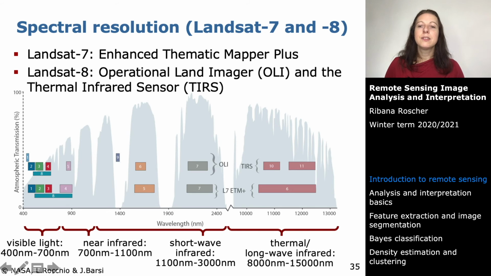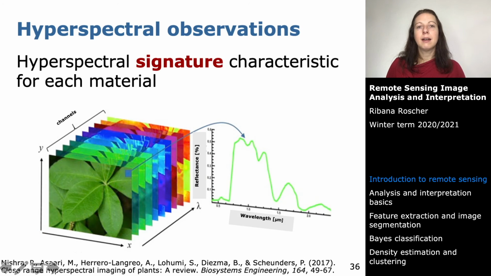So these are multispectral sensors, and as I said already, hyperspectral sensors are similar to multispectral sensors, but they have a lot more information because they capture information from a lot of bands, and all these bands are quite narrow, roughly about 1 nanometer.